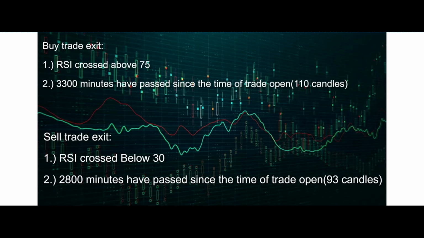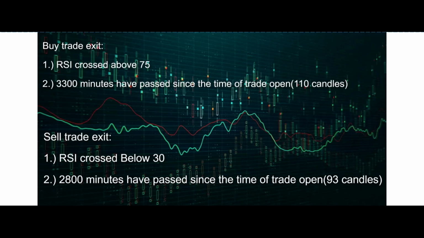It means that you have to wait approximately 110 candles, because we are trading on the 30-minute time frame. And of course, if you are trading on different time frames, you can calculate the minutes to candles. It is really easy.